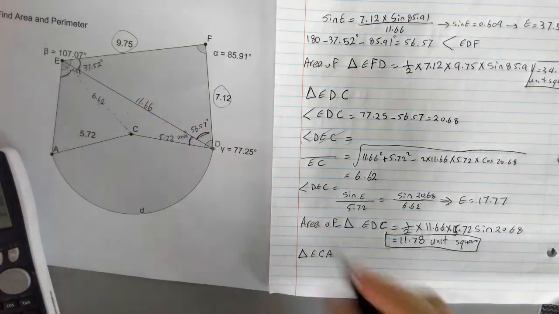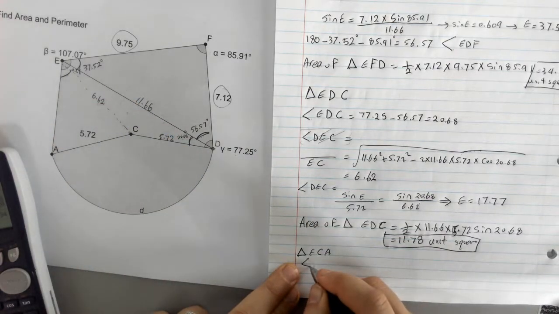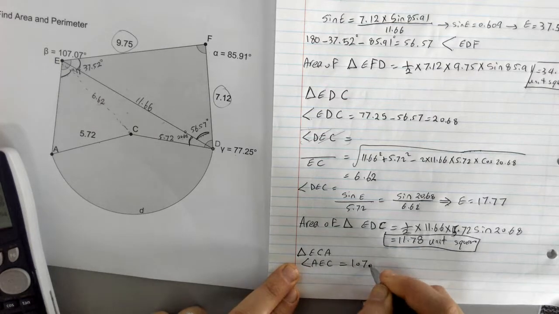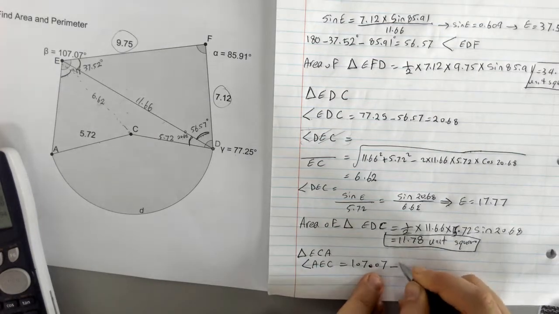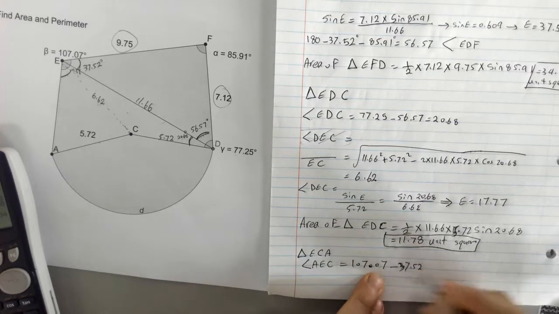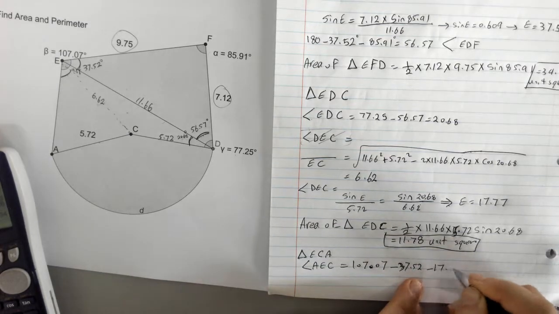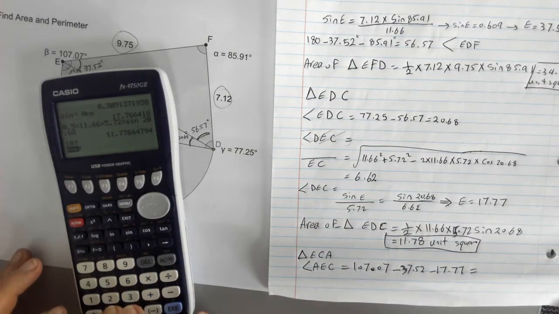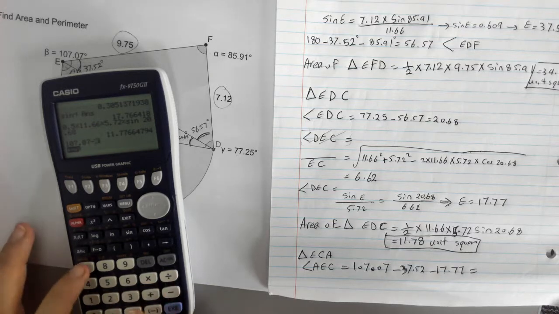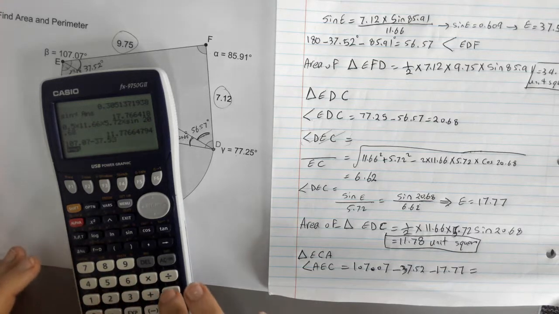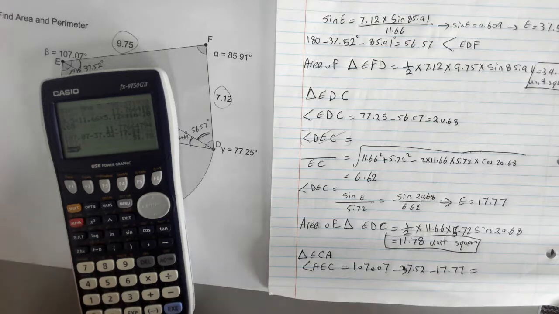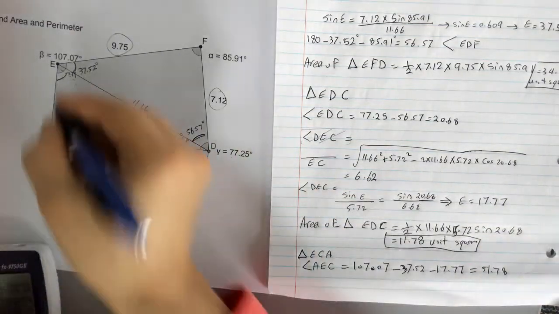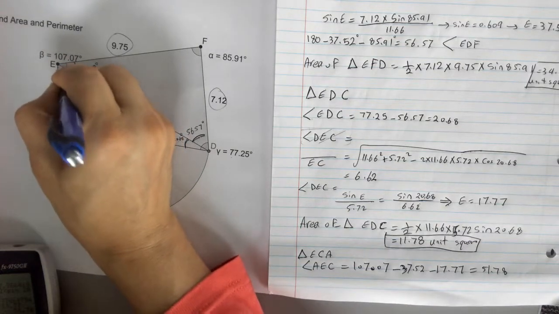I can find the angle AEC by doing 107.07 minus 37.52 minus 17.77, and that gives me 51.78. So the angle in here is 51.78 degrees.